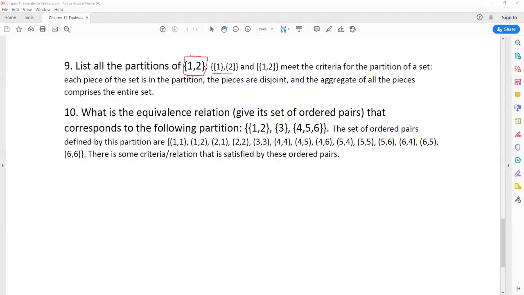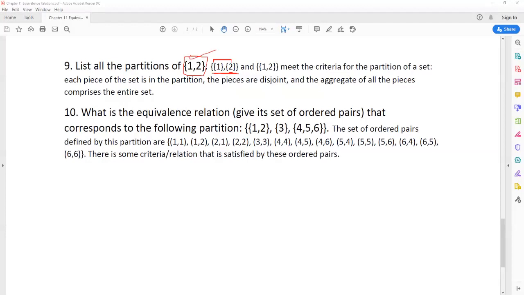But this is one partition. You could partition the set 1, 2 into 2 sets. One is the set containing 1, the other is the set containing 2. Notice that these are non-empty, they are disjoint. And if you take the union of the 2 sets, you would get the entire set.